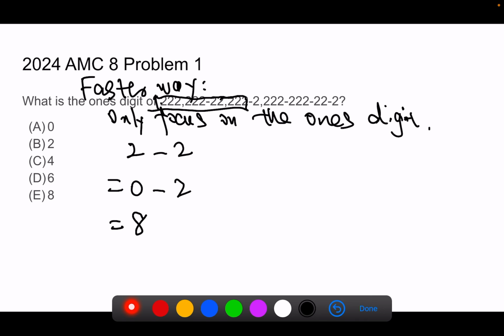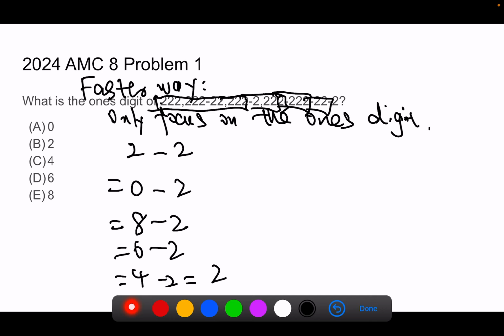And then the next step is again minus something ending with 2, you will get 6. Another 2, you get 4. Finally, the last 2 you need to minus, you get a 2. So the two methods give you the same result.